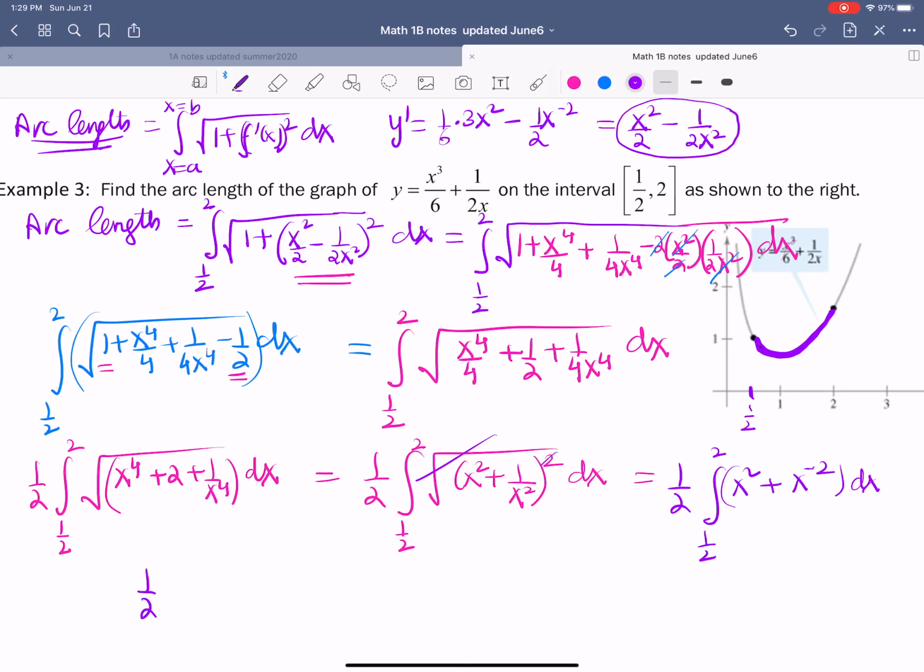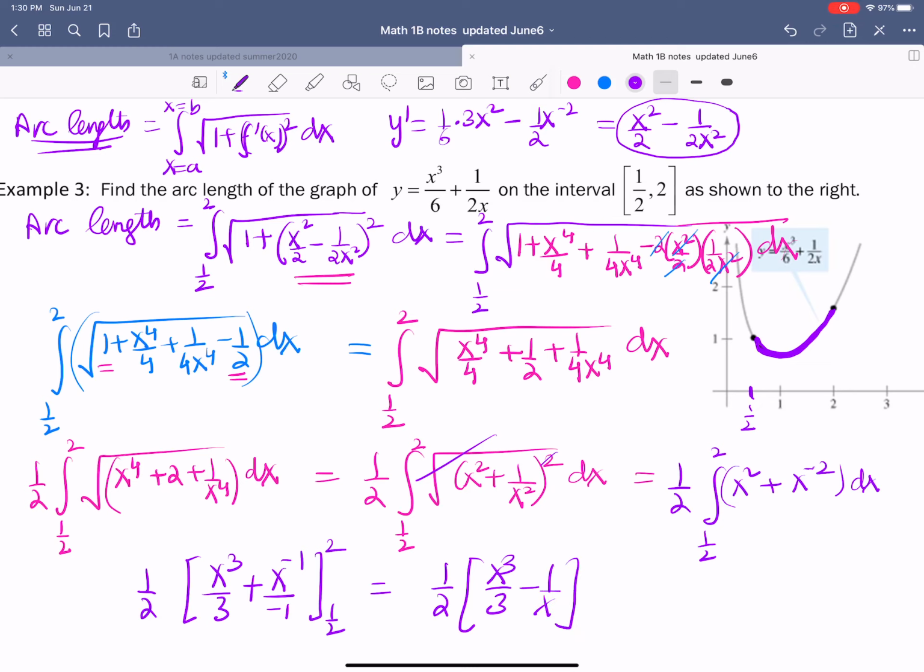We can just integrate the pieces. 1/2 times x to the power 3 over 3 plus x to the power negative 2 plus 1 is negative 1, divided by negative 1, and the bounds are from 1/2 to 2. So it becomes x cubed over 3 minus 1 over x, from 1/2 to 2.